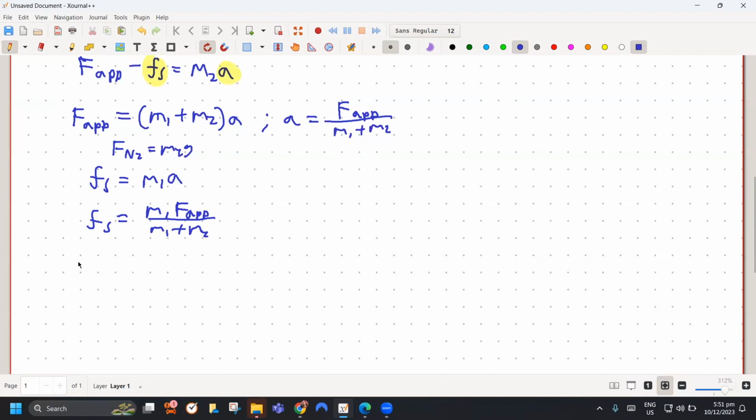Now, the use of that is, for different values of F applied, we know what the static friction should be, assuming it is below the threshold. This formula will not work if the static friction we compute is above the threshold. So what's the threshold value for the static friction?